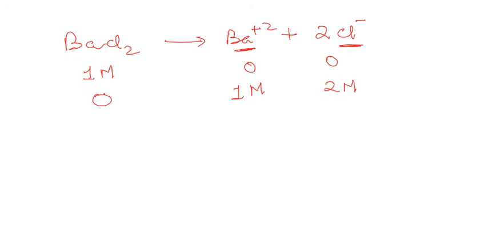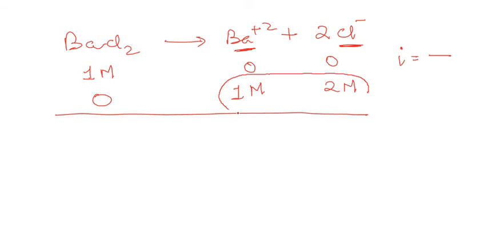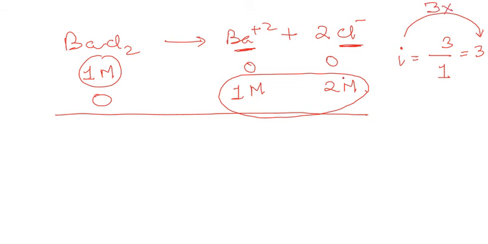Assuming they have dissociated completely, the van 't Hoff factor in this case is the number of particles after dissociation over before. After dissociation it is 3 and before dissociation it is 1. So the van 't Hoff factor is 3, which means the concentration of the solution has increased by 3 times.